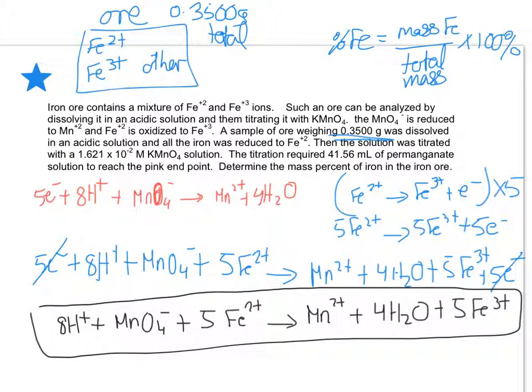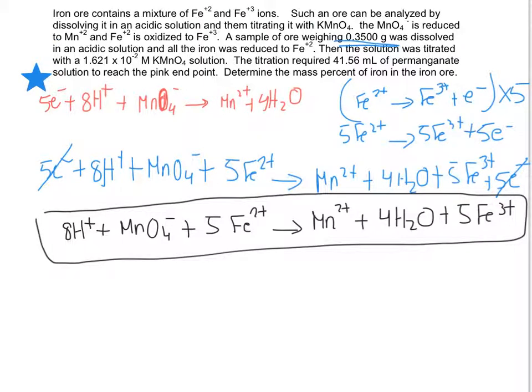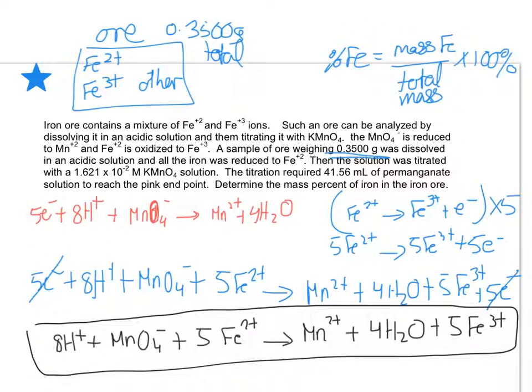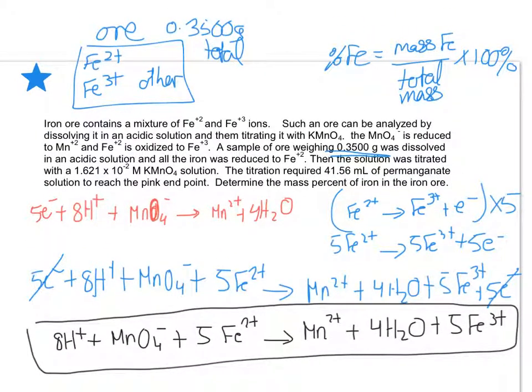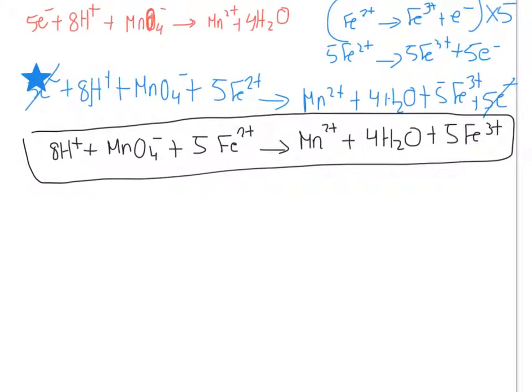And also it's fun. So anyway, the whole point of this was because we wanted to figure out the percent iron in our ore. And so we need the mass of the iron, so we can divide by the total mass of the ore. And so we are trying to find the mass of the iron in here.